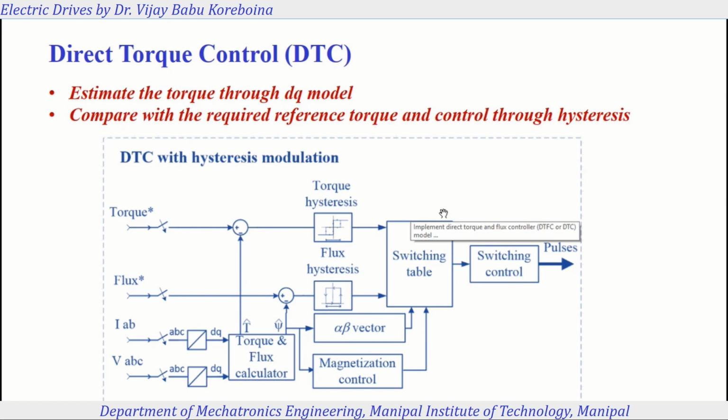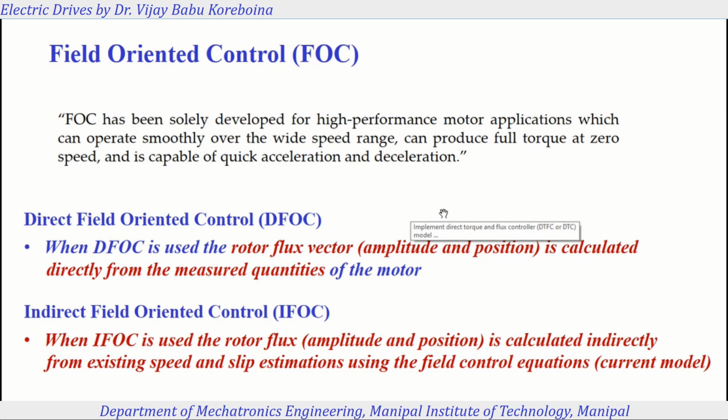So overcoming all these difficulties, field-oriented control was developed. FOC is the abbreviation. FOC has been developed for high performance motor applications where you need torque and flux to be controlled accurately, which can operate smoothly over a wide speed range, can produce full torque at zero speed, which is most important for electric vehicles.